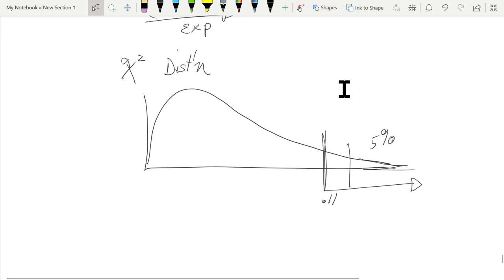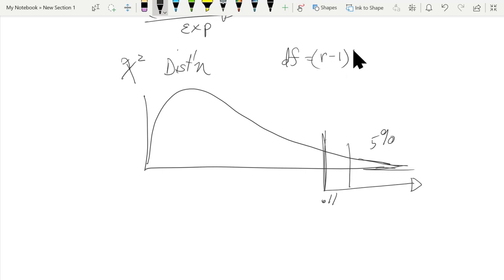Okay, so I calculate a chi-square using that calculation. I have a degrees of freedom, which is equal to the number of rows minus 1 times the number of columns minus 1. And here I had 2 minus 1 times 2 minus 1.